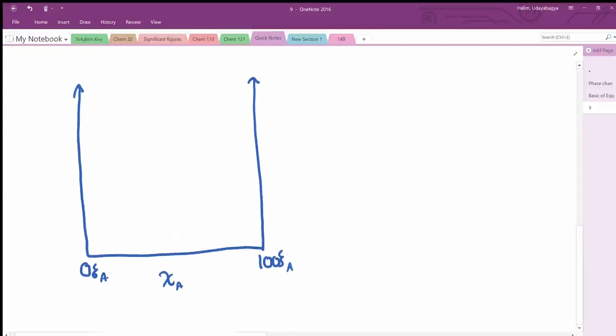And let's make another assumption. Suppose that I know that molecule A is harder to boil, such that the pure vapor pressure of A is less than that of B. So think of A as water and B as acetone. B vaporizes easily, so PA star, the pure vapor pressure of A, is less than that of B. If we have 100% of A, then my vapor pressure would just be PA star.